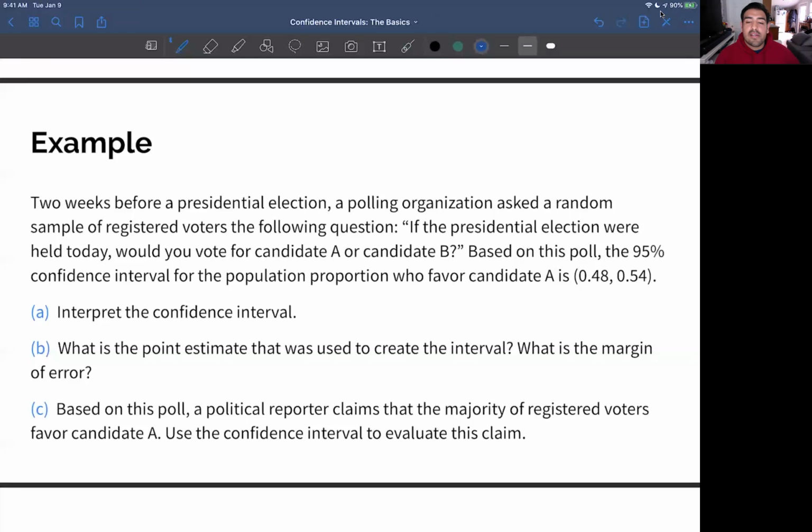So the confidence interval is 48% to 54%. So let's interpret this confidence interval. What could we say for this confidence interval?